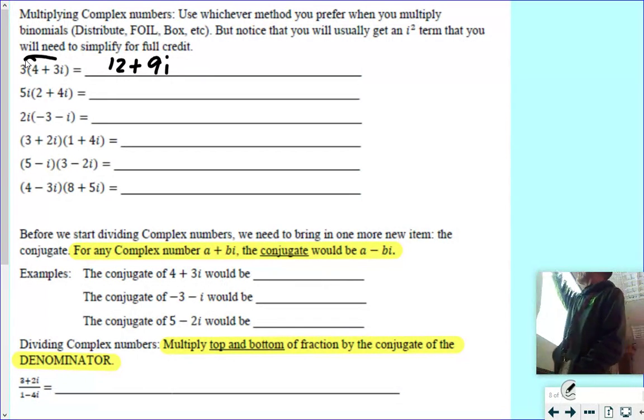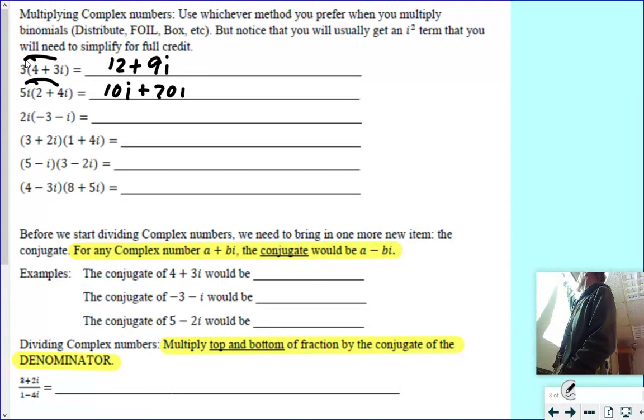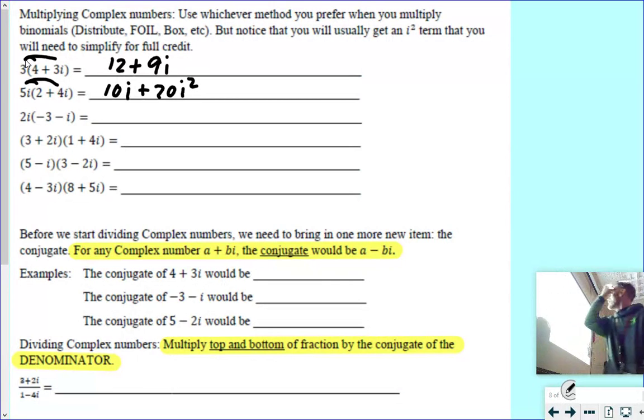But on the second example, now if I distribute, I got 10i, and then I have plus 20i squared. And again, this is what you've got to remember. If you leave that as your answer, we're not going to give you full credit for that. I don't care who your teacher is, because we want to simplify that i squared term, because we know what that is.